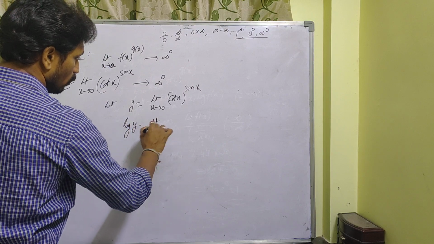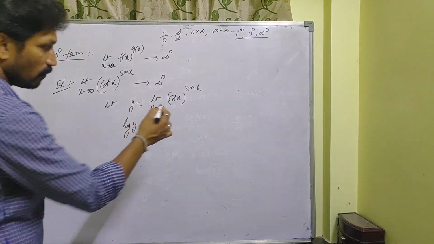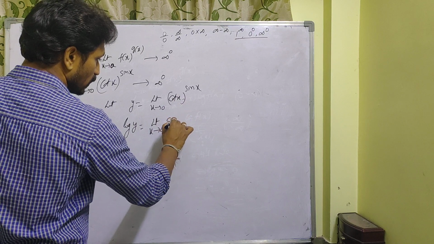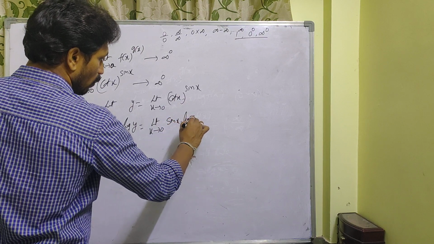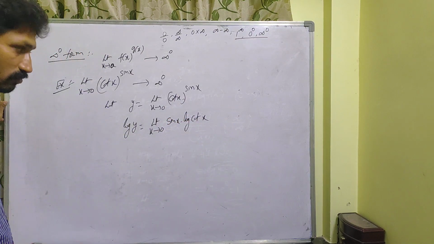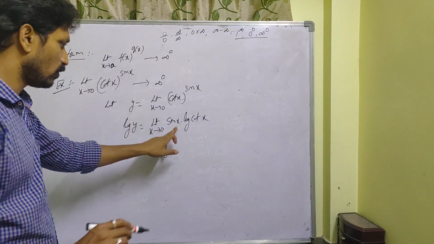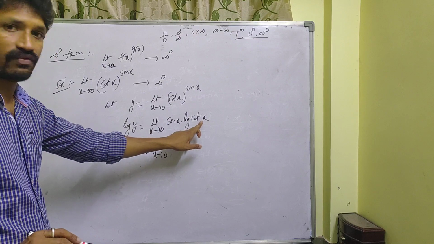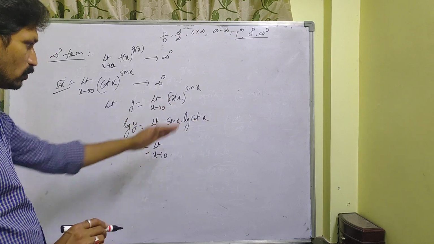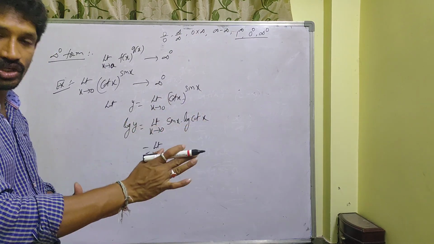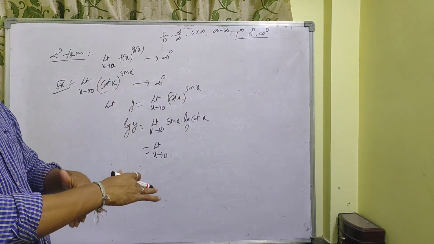Log y is equal to limit x tends to 0. When you apply logarithm, you get sin x into log of cot x. So this is limit x tends to 0: sin 0 is 0, cot 0 is infinite, log infinite is infinite only. So it is 0 into infinite. Whenever it is 0 into infinite, convert into infinite by infinite form.